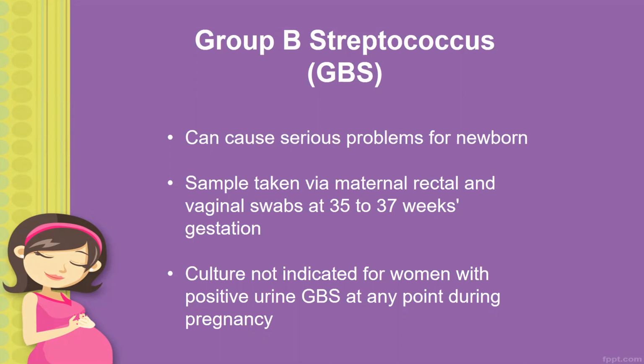And the newborn will be monitored if the mom was positive. Women are usually screened for Group B strep in the office between 35 and 37 weeks gestation. And some women who come in to labor and delivery or present in labor without previous prenatal care will be screened at the time they come in.